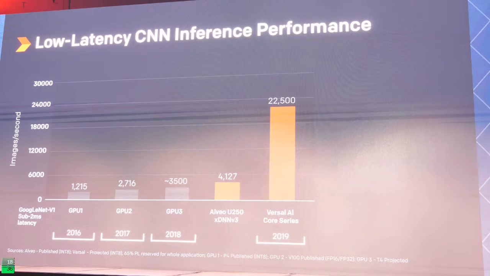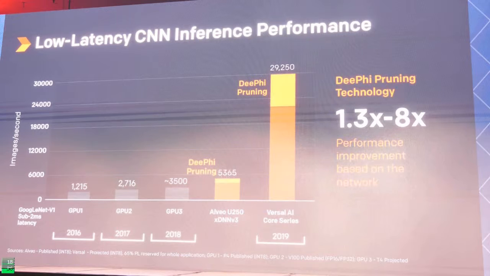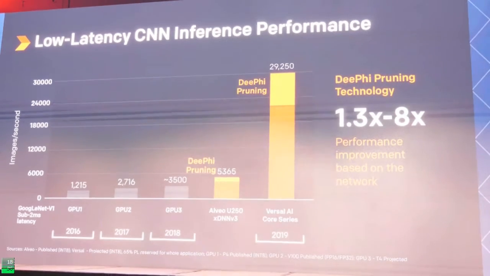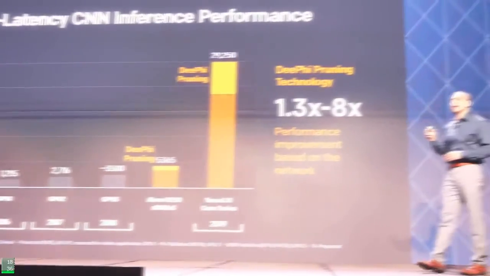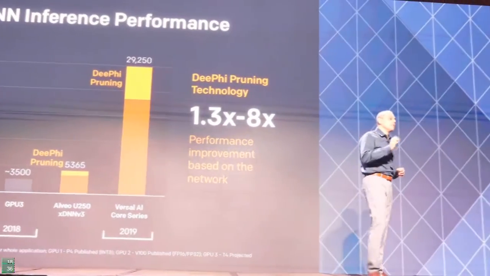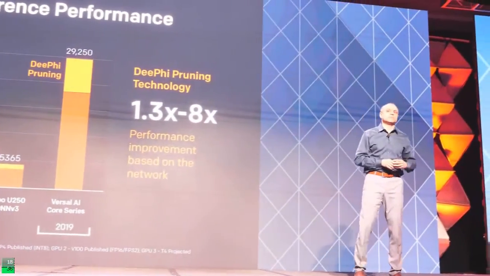But that's not all. If I use DeePhi's pruning technology, it goes better. Alveo gets to 5,300 images per second, and Versal almost touches 30,000 images per second. DeePhi can give you 1.3x to 8x better performance depending on the network you use.